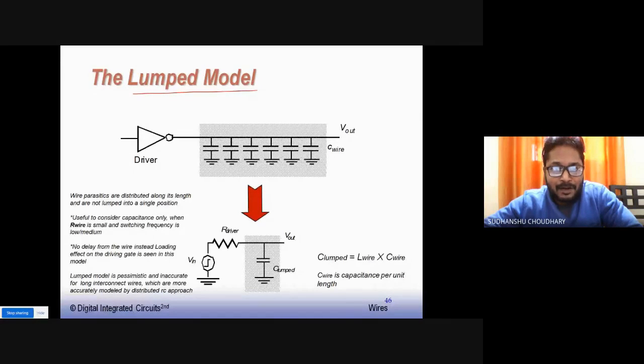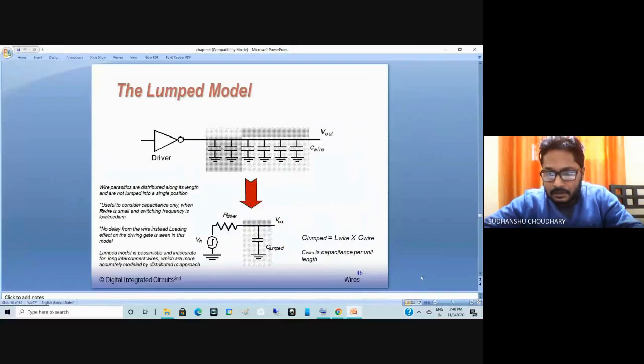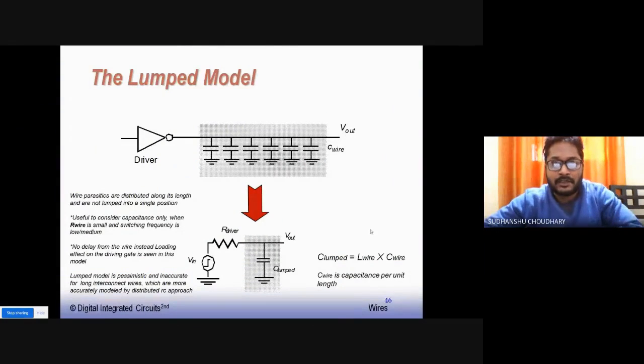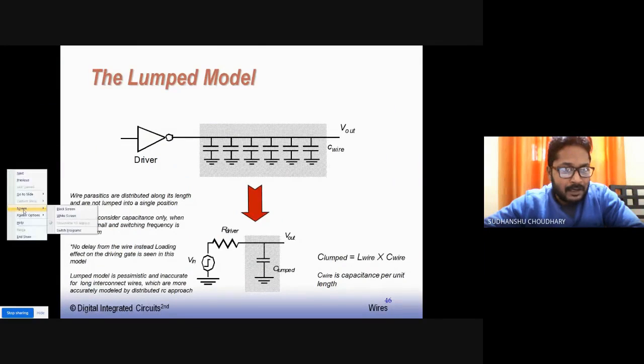So this one, which is shown over here, is called the distributed wire model, where the wire capacitance is distributed along the length of the wire.